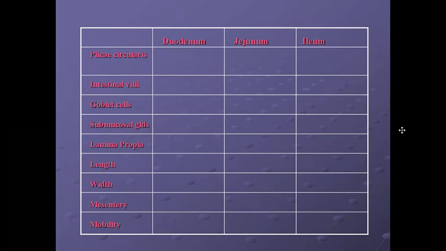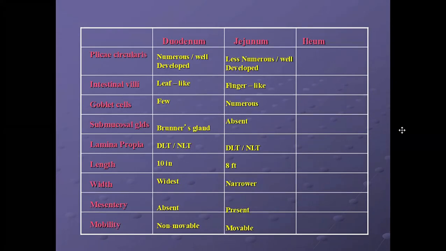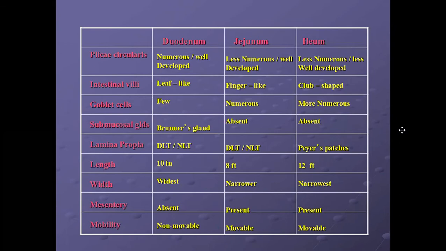Now, here you will have to differentiate those structures that you may see in two or in all of these small intestine parts. So, plica circularis: numerous and well developed in the duodenum, less numerous and well developed in the jejunum, and in the ileum, less numerous, less well developed.